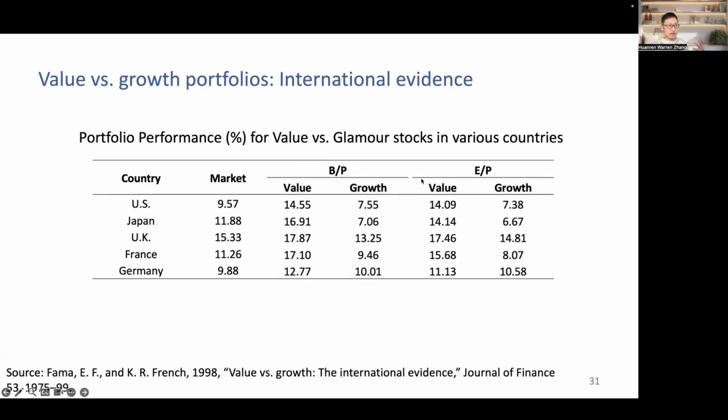So again, here is a strong piece of evidence saying that there is some arbitrage opportunity for you to exploit the market so that you are able to have excess return compared to the market return, just by looking at the PE ratio or the BP ratio to determine whether the stocks are overvalued or not.